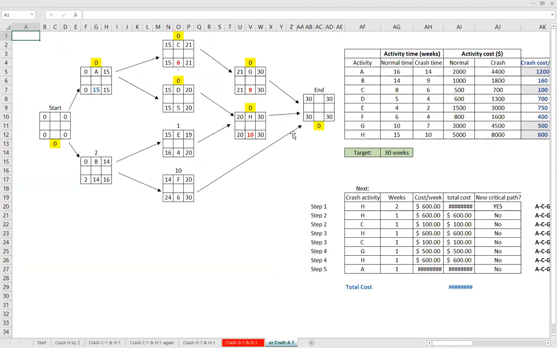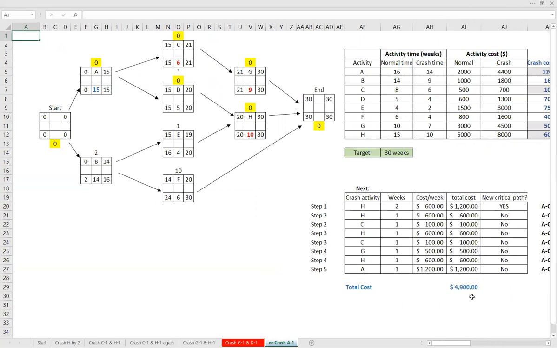We're still working with 2 critical paths. We achieved the target of 30 weeks overall, and you can see that the minimum total cost, again, is $4,900. So both options achieve the same lower cost in the crashing process.